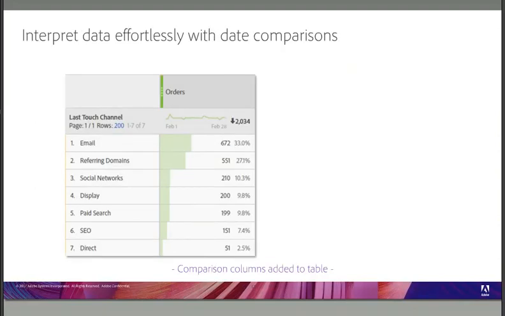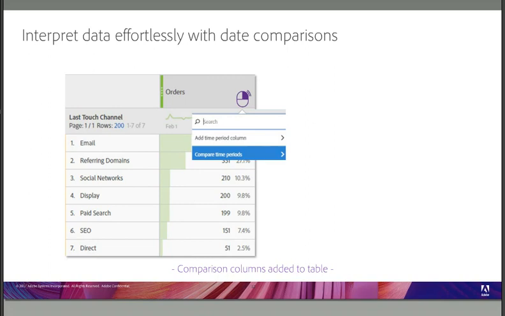Next up, we also want to show you some recent capabilities around date comparisons. So if you're looking at orders, for example, for the current month across all these different last touch channels, you can right-click, which, if you've never heard me say right-click before, then you've probably never heard me speak before, because I say right-click more than anyone.